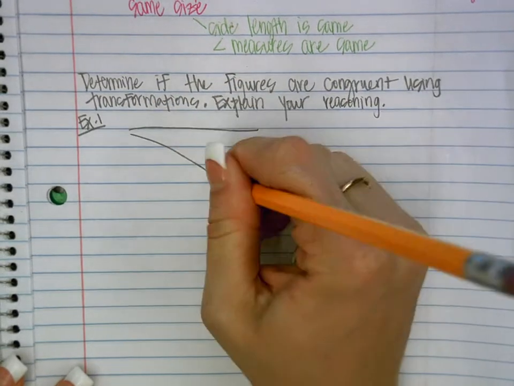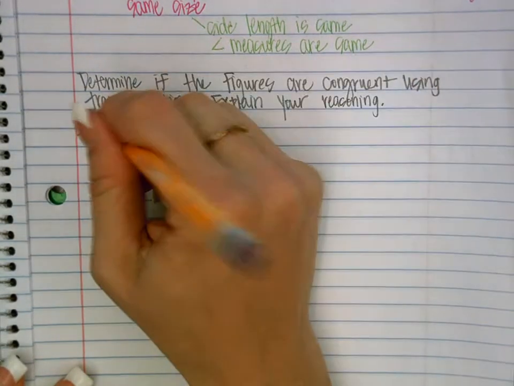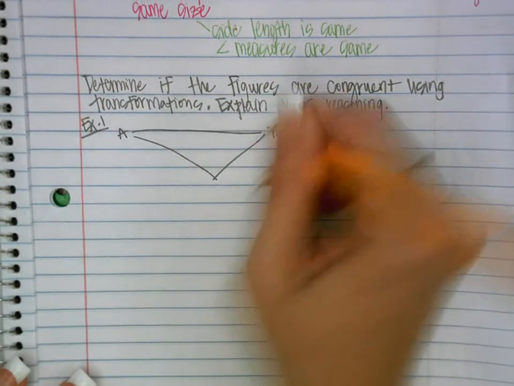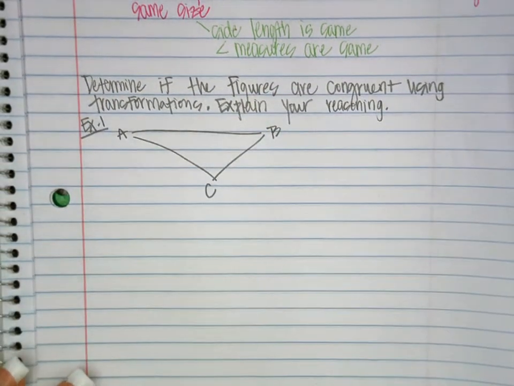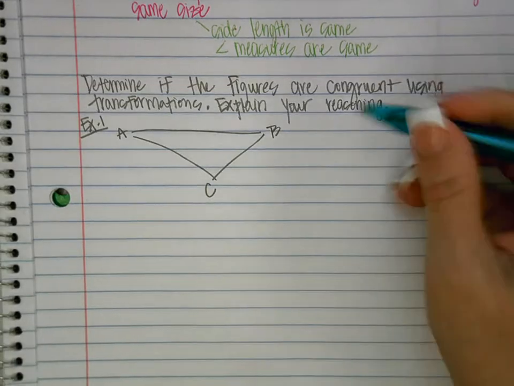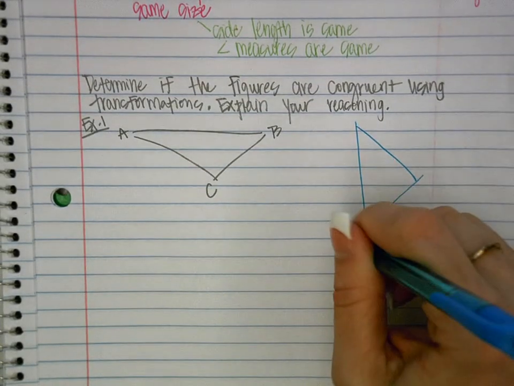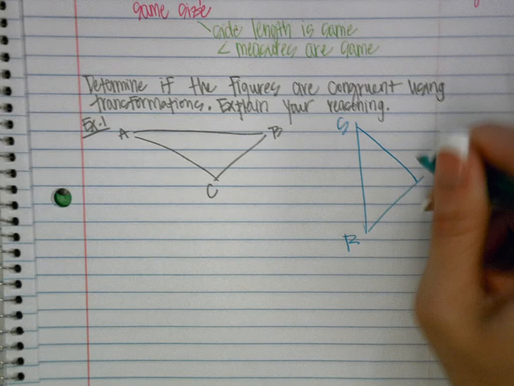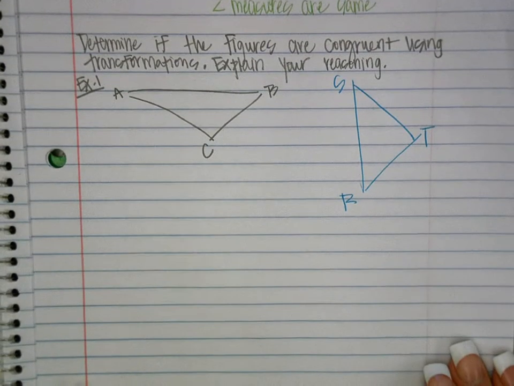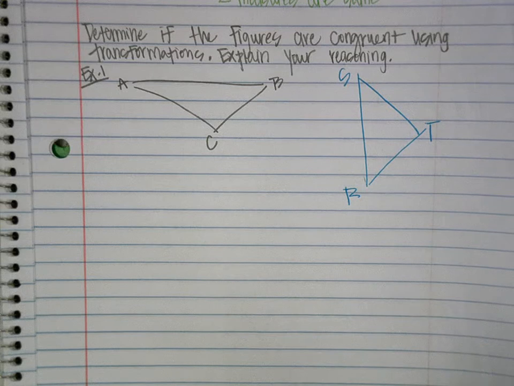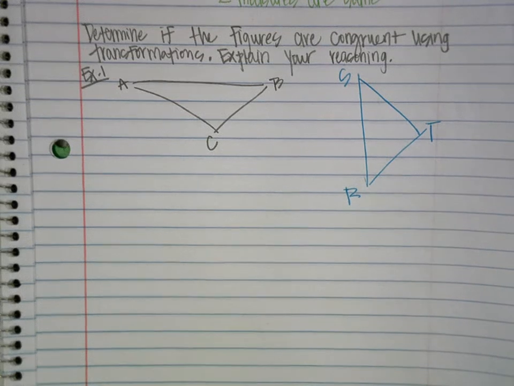So this triangle is labeled A, B, and C, and this triangle is labeled R, S, T. Now, since these aren't on grids, we can't really measure them.